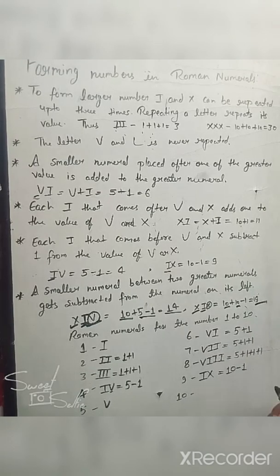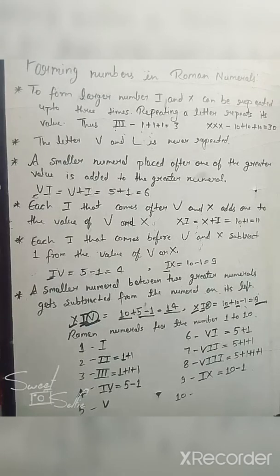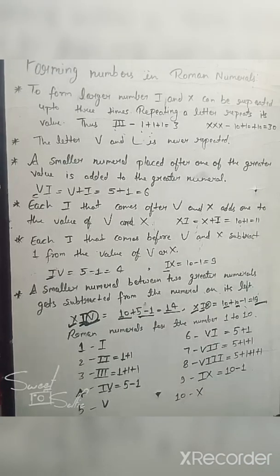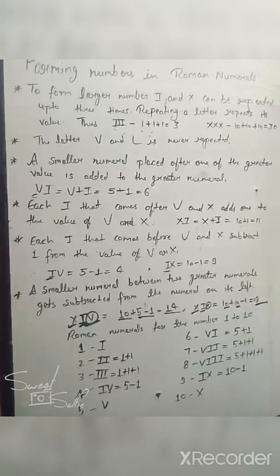So 10 minus 1 means 9. And for 10, X represents 10. So here are the Roman numerals for the numbers 1 to 10.